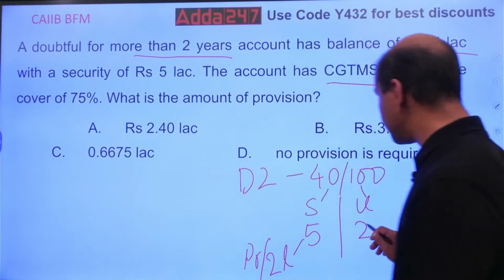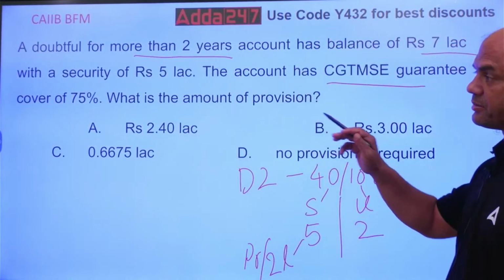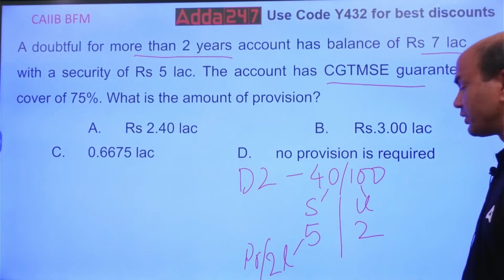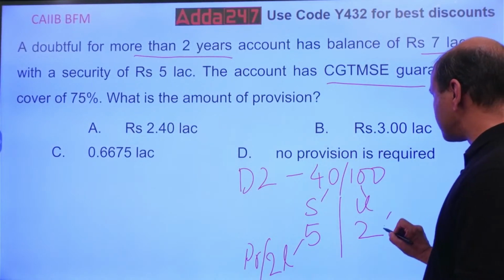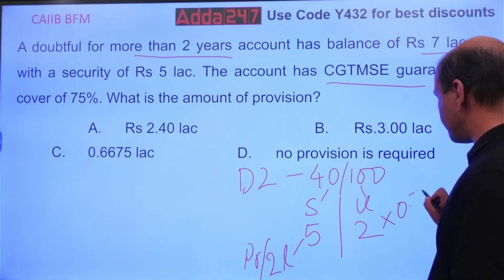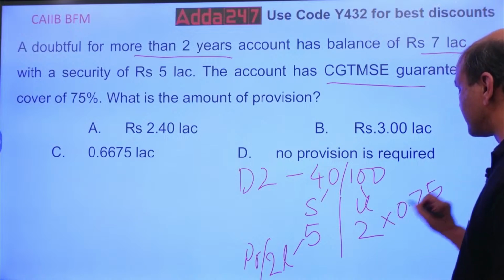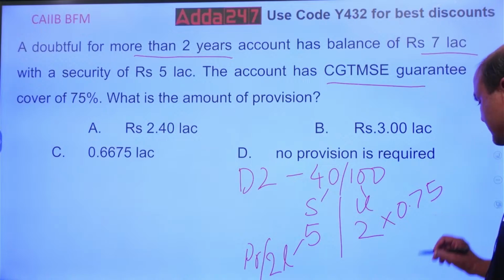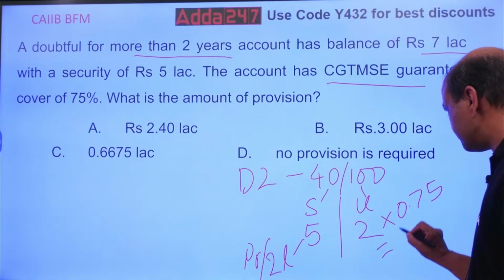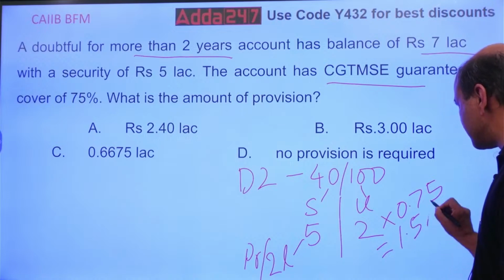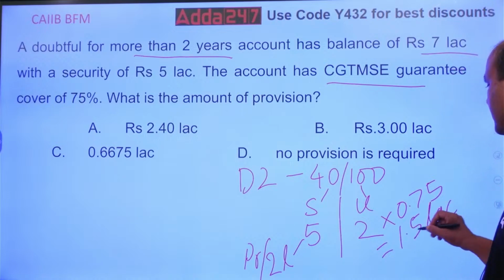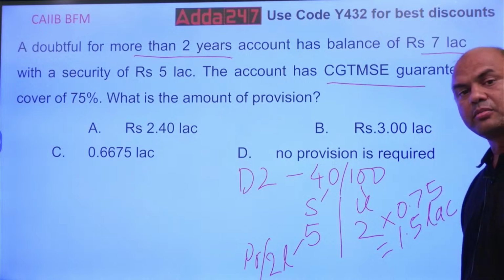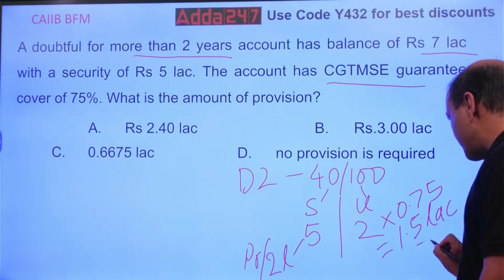Now in this unsecured part, 75% is covered by CGTMSE. So 2 lakhs into 0.75, that is 1.5 lakhs. 1.5 lakhs is covered by CGTMSE. How much is the remaining? 0.5, 50,000.